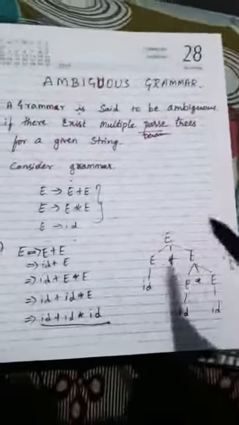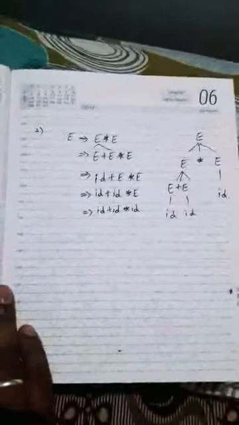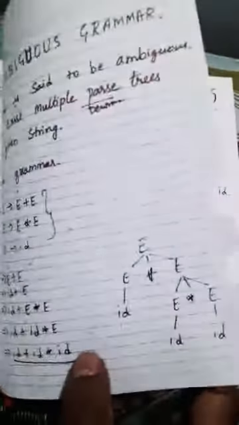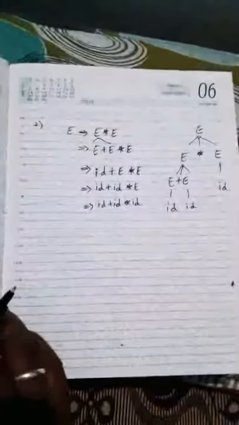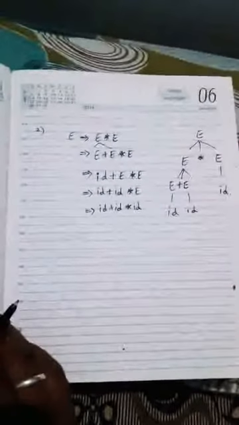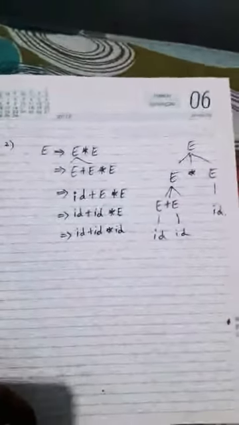We already know how to write this tree. But now here the same thing can be obtained in the other way also. Here you have E star E.